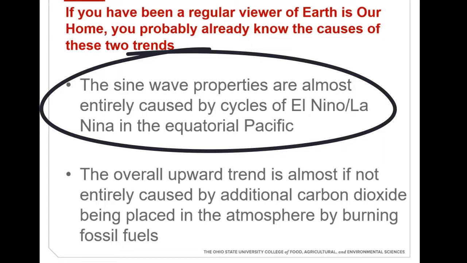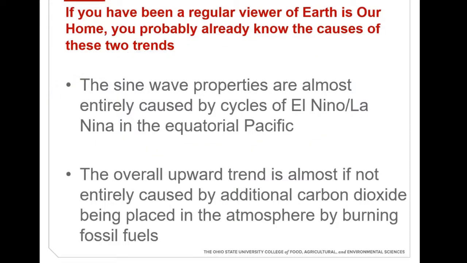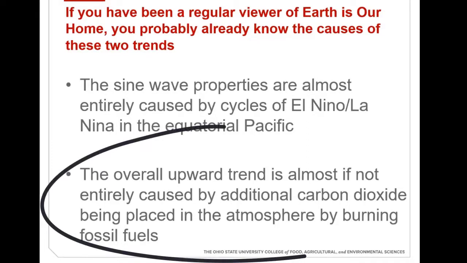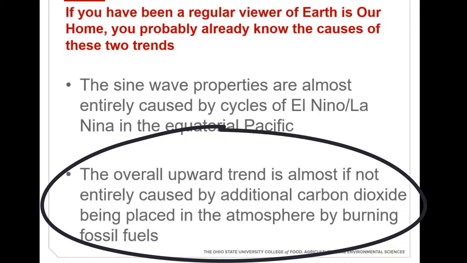It's coming up off Antarctica, spreading all the way across the equator, and it's cooling down the planet. All right, so we're in a cool phase, La Nina. The upward trend, as I said, is a separate phenomenon, and it's pretty much entirely caused by us, by what we're doing. We're adding additional carbon dioxide into the atmosphere by burning fossil fuels.